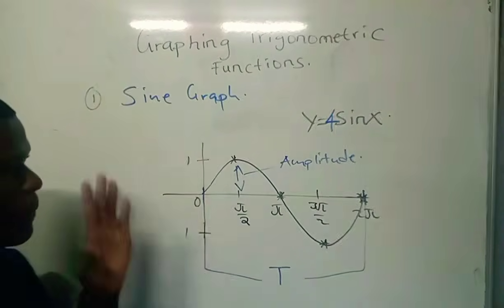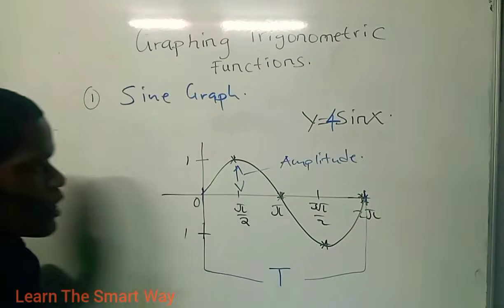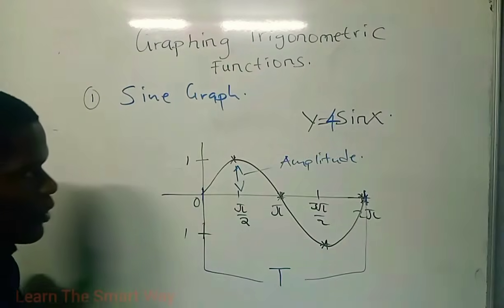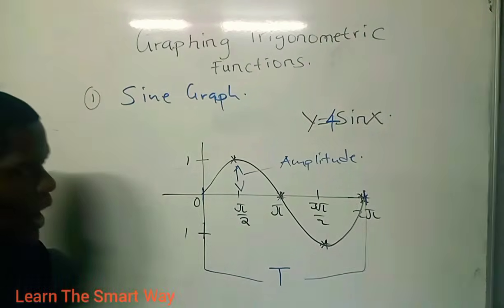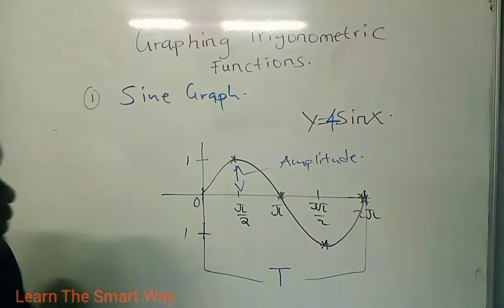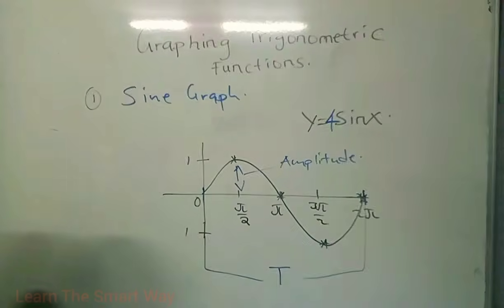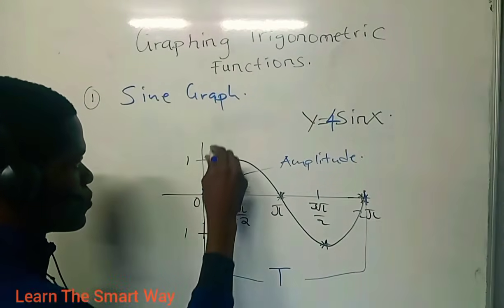Knowing this is our basic graph, as we sketch other graphs, we should try to understand how different it is from the original one, or how something new being introduced is going to affect the graph. So when you put a 4 there, it's going to affect the amplitude. In short, the graph will go up to 4 there.